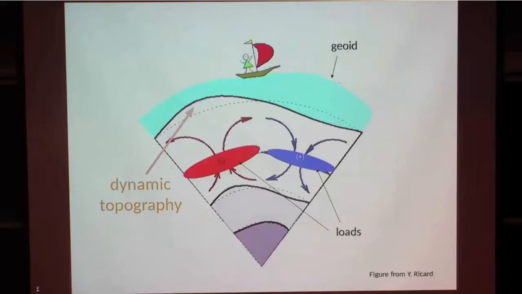So how do they link up with internal structure? Here's a nice sketch from Yanick Ricard. The idea is, if we have an anomalous topography, part of that might be due to dynamic deflections of the surface of the Earth, for example, due to hot stuff rising, or vice versa, cold stuff sinking.